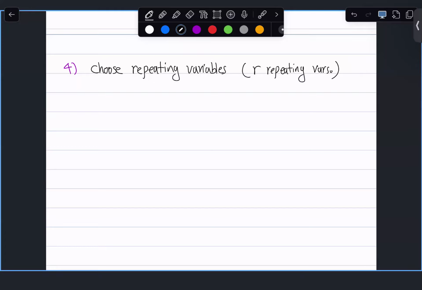So in this example, we need 3 repeating variables. Okay, but what are repeating variables? They can be any variable in your problem as long as they satisfy these conditions. The conditions for choosing a repeating variable are the following. First, you don't want it to be the output variable.